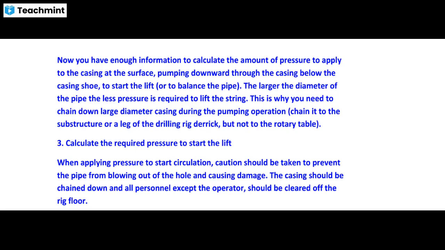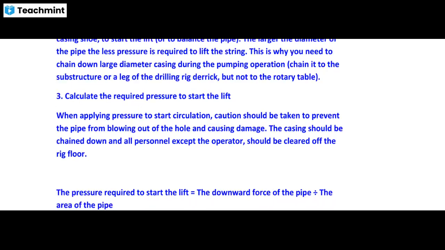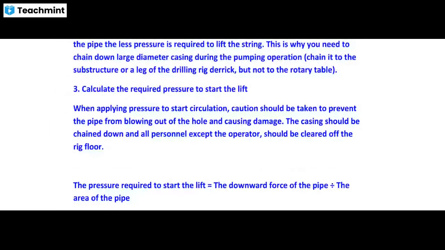The larger the diameter of the pipe, the less pressure is required to lift the string. That is why you need a larger casing diameter during the pumping operations. When applying the pressure to start the circulation, care should be taken to prevent the pipe blowing out of the hole and causing damage.